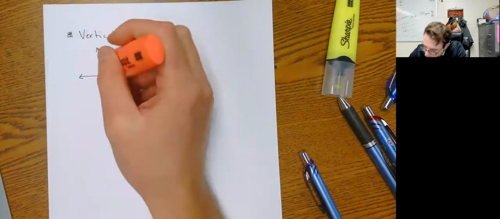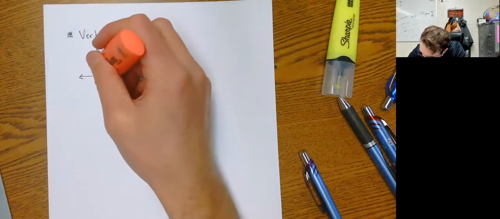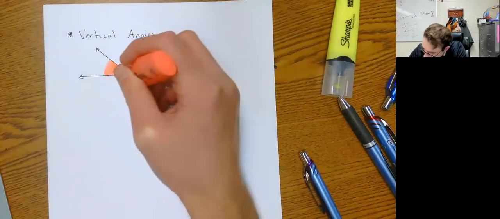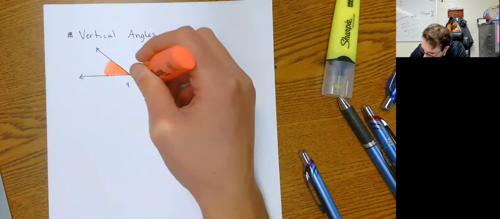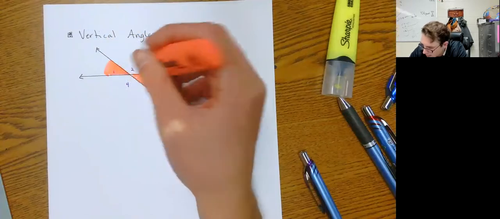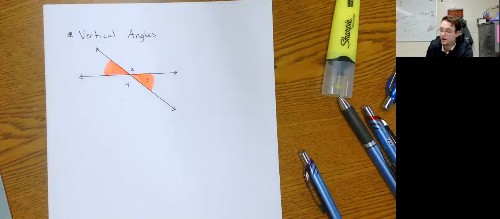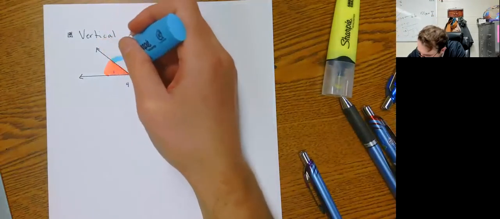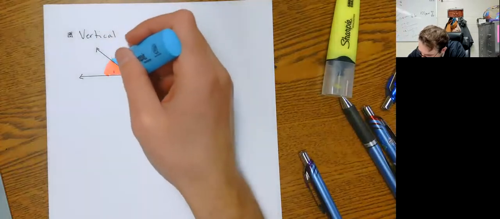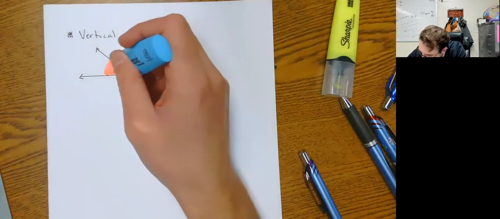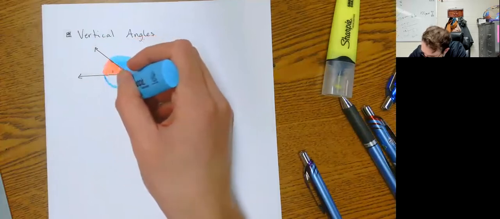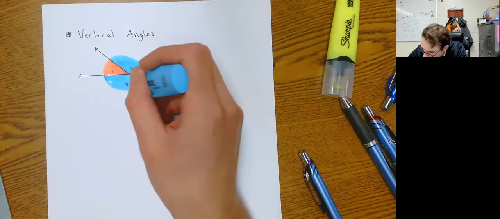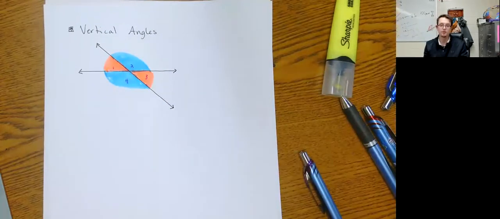angle 1 and 3 are vertical angles. Angle 1 and 3 are vertical angles. And angle 2 and angle 4 are vertical angles.